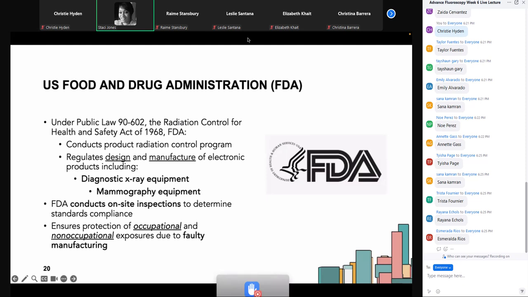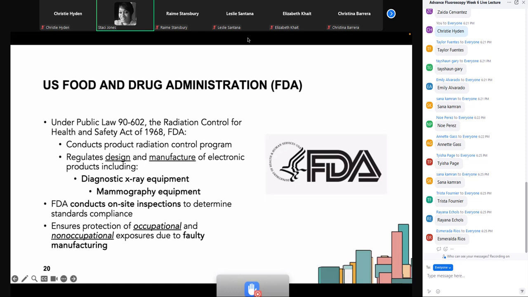You're looking for cancers, your equipment has to be calibrated properly, and your settings have to be very precise, because you never want to have machinery that's not working right that could say somebody has cancer when they don't. So the FDA plays a big part in regulating and manufacturing mammography equipment.